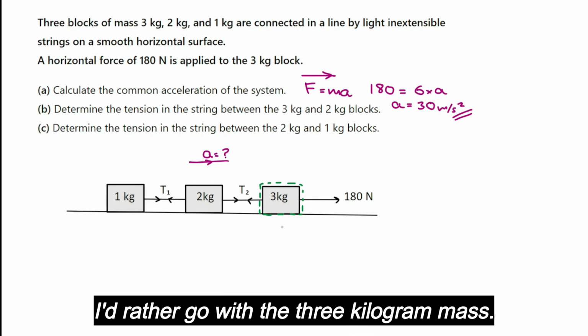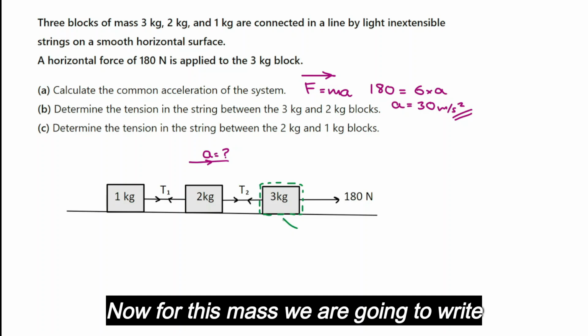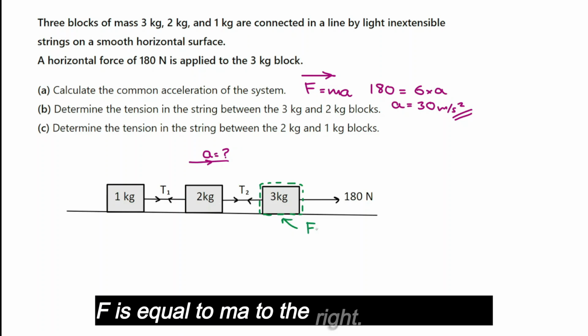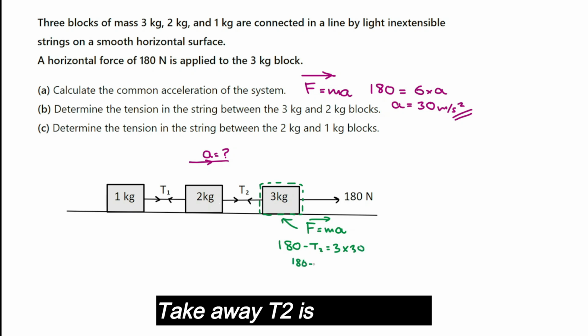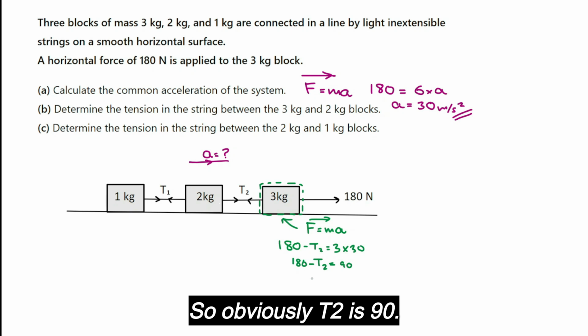I'd rather go with the 3 kilogram mass. For this mass, we write F = ma to the right. Force is 180, take away T2, is equal to m is 3, a is 30. So 180 take away T2 is equal to 90. So obviously T2 is 90 newtons.